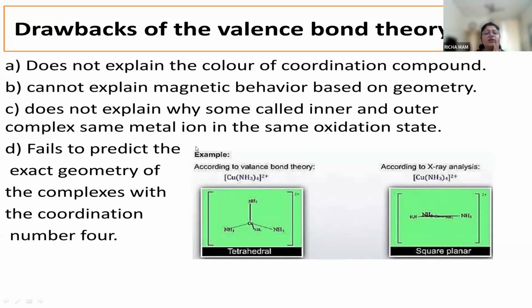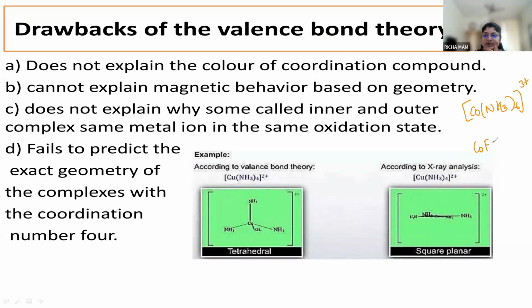Why could some complexes show an inner orbital complex while the same metal shows another? We have seen just now: cobalt, when it comes in contact with NH3, gives this particular complex.